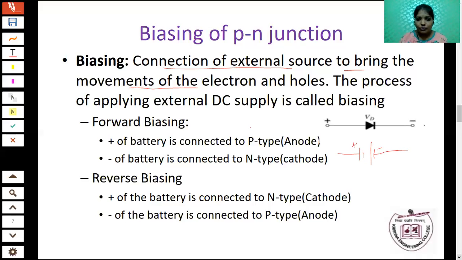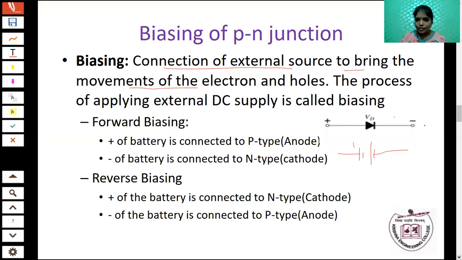During forward biasing, the P-type material is connected to the positive side of the battery, and the N-type is connected to the negative side of the battery. So the positive terminal of the battery is connected to the P-type material, which is the anode terminal. Similarly, the negative of the battery is connected to the N-type material, which is the cathode. That is forward biasing.